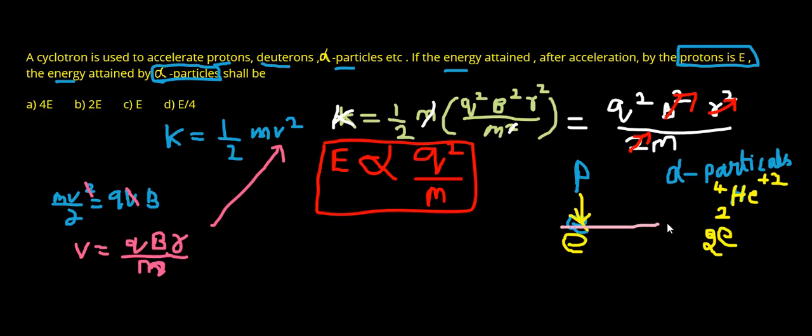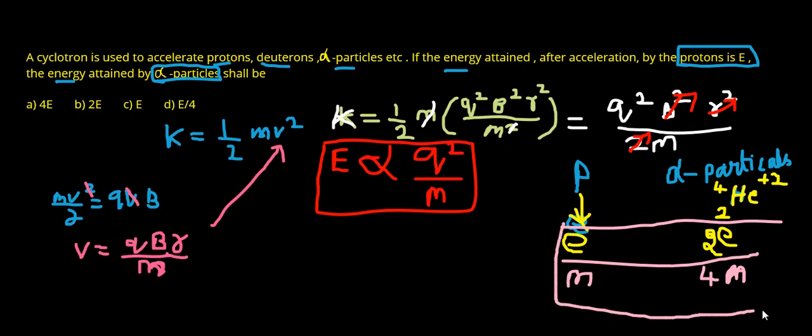Then the mass of proton is 1 mu and the mass of alpha particle is 4 mu. So the alpha particle mass is 4 times greater than the mass of the proton. So these are the relations between these two things. Using this you can find the energy acquired by the alpha particle.